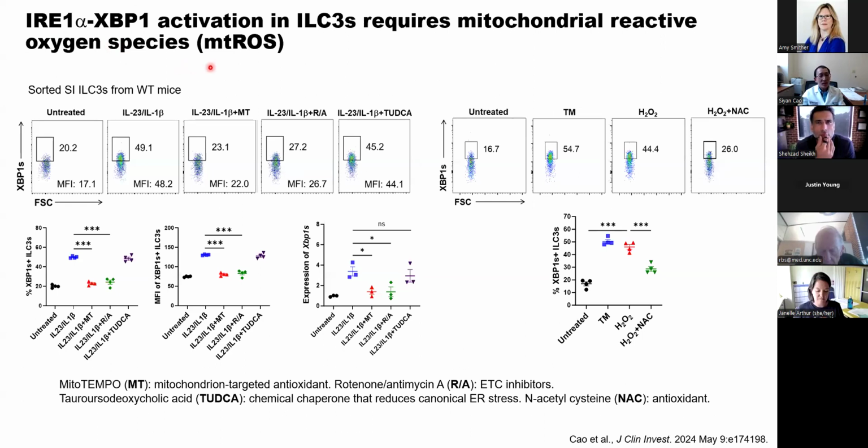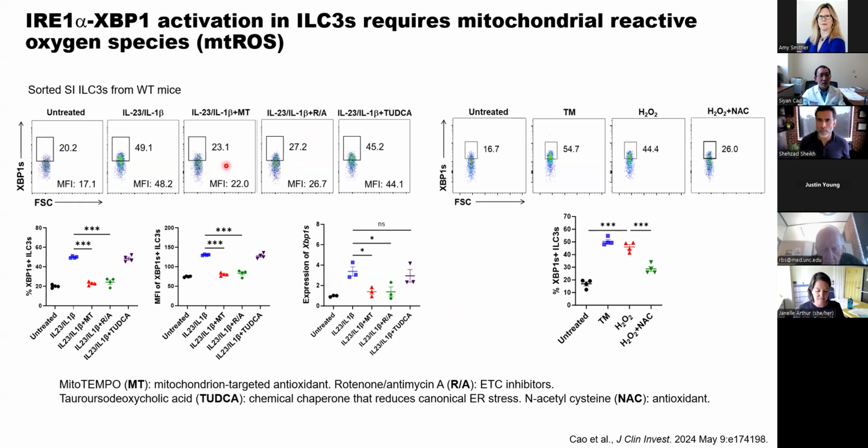Since previous studies already showed that mitochondrial reactive oxygen species, or mitochondrial ROS, is important for the activation of ILC3s, I treated the cells with inflammatory cytokines, and co-treated them with MitoTEMPO, which is a mitochondrial targeted antioxidant, as well as rotenone and antimycin A, which are electron transport chain inhibitors.